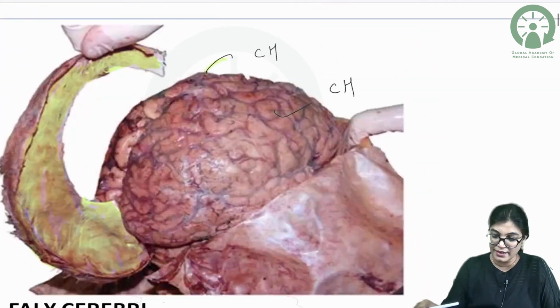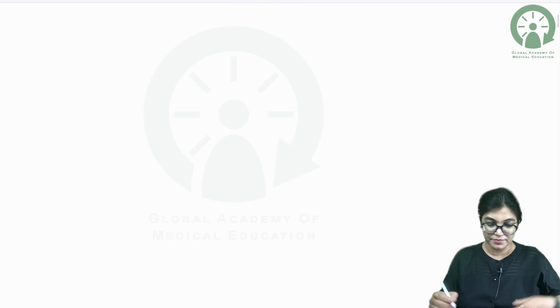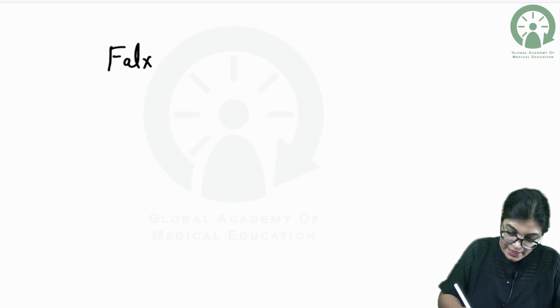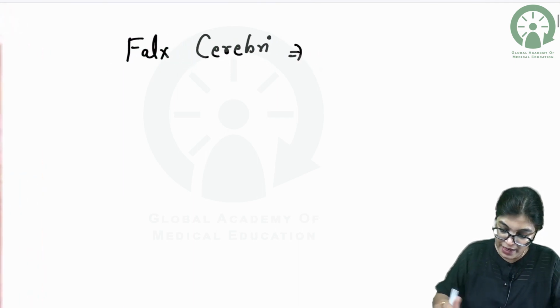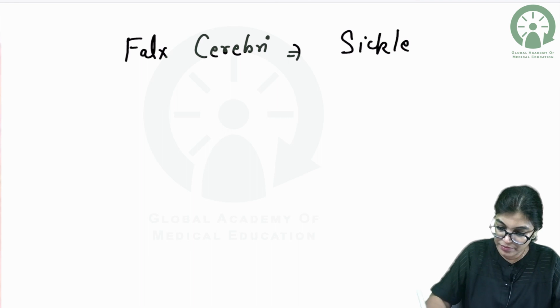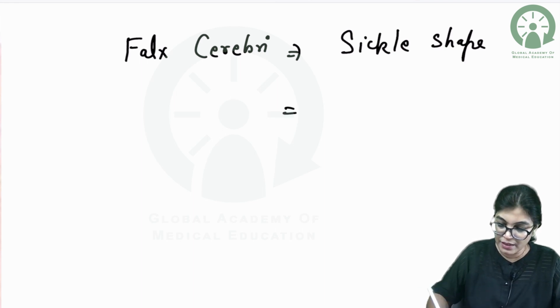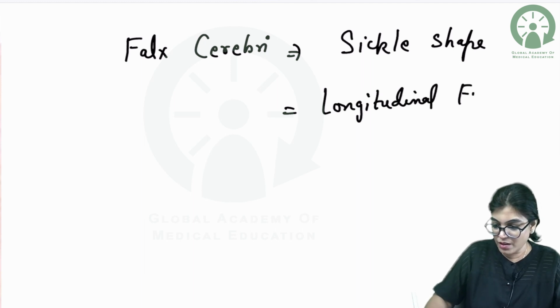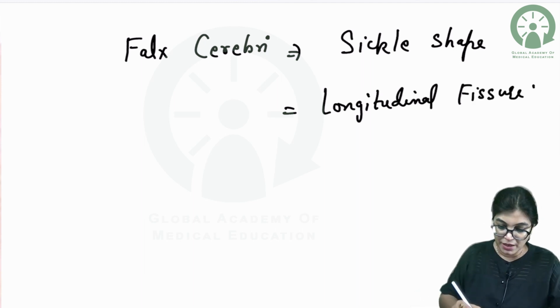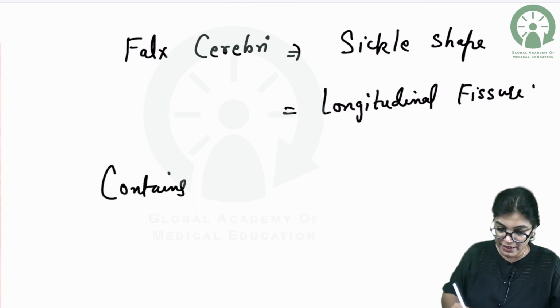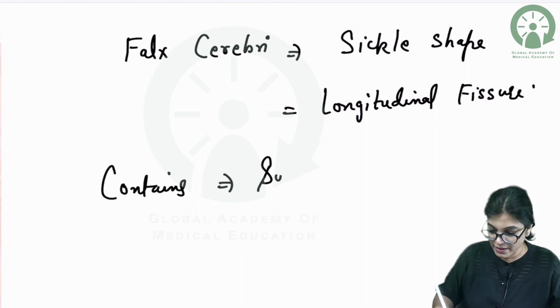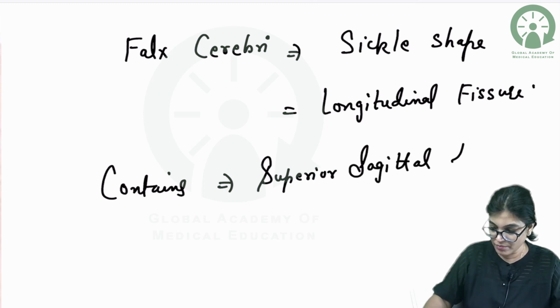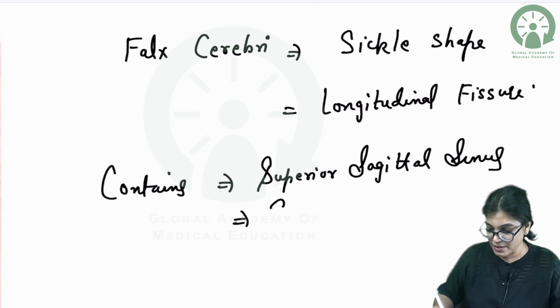So let's write about the falx cerebri. The falx cerebri is sickle shaped, located in the longitudinal fissure between the two cerebral hemispheres. What does it contain? It contains the superior sagittal sinus and the inferior sagittal sinus.